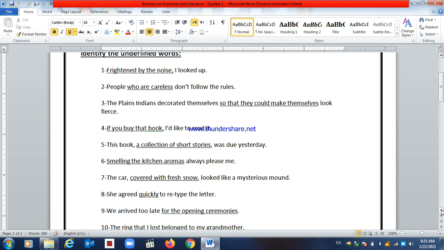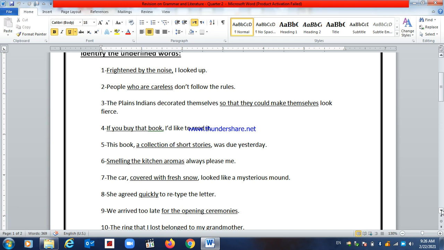For the opening ceremonies, in order to identify these words, they start with a preposition, prepositional phrase, and this prepositional phrase refers to late, and late is an adjective, right? So once the prepositional phrase identifies an adjective, then it's an adverbial phrase. So prepositional phrase, between brackets, adverbial phrase, because it modifies late.